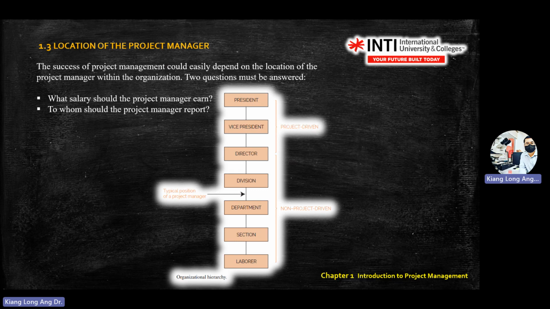But the location in the organization chart is above all the department, section, and labor. This is called line or functional. Okay, but it's important to stay above the department.